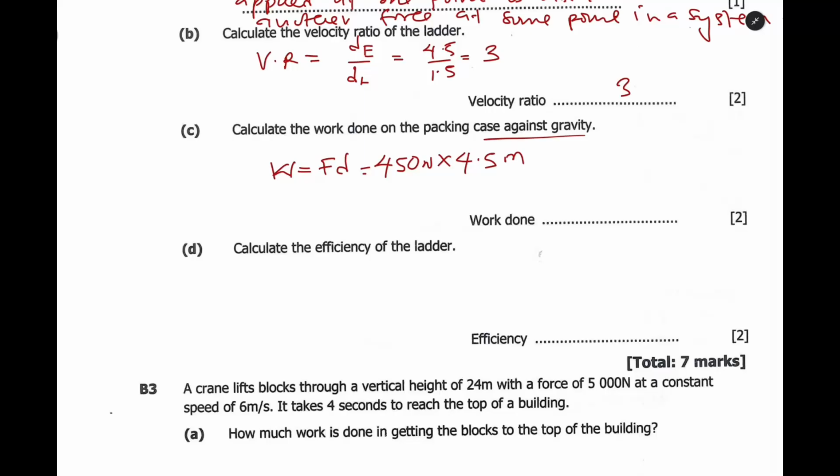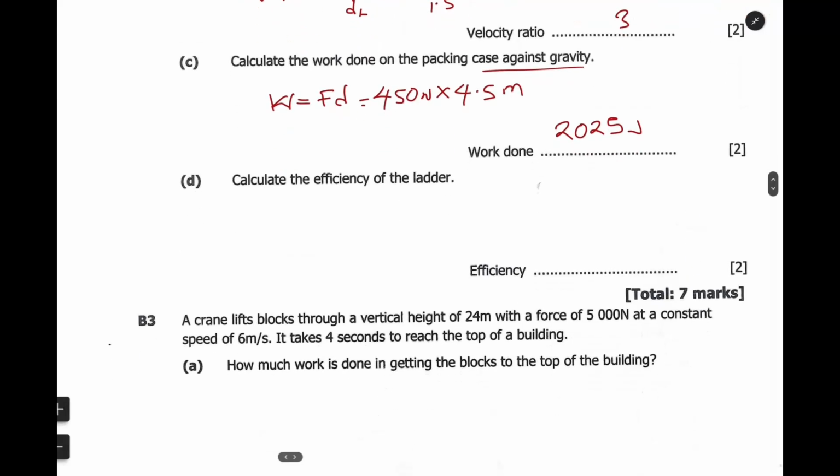So we are going to multiply 4.5 by 450, and this is going to give us 2025. That is Joule. Okay, 2025 Joule. And what a coincidence.